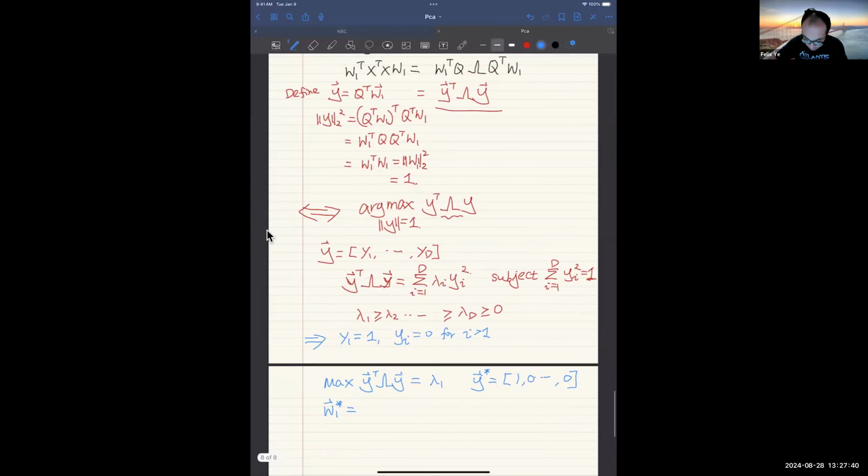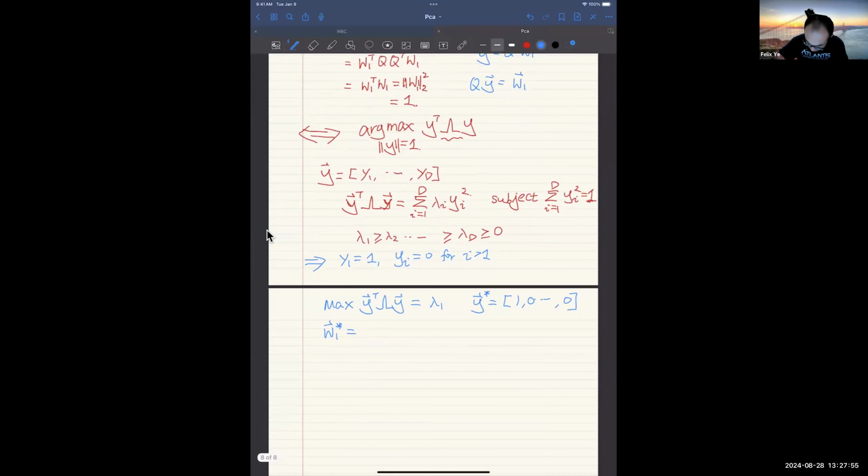we know y is equal to Q transpose W1. So if we multiply Q on both sides, then Q times y becomes W1. So W1 star will be equal to Q times y star.